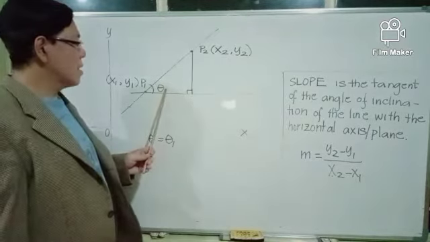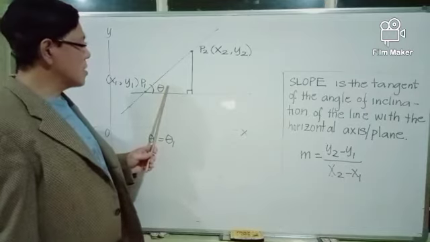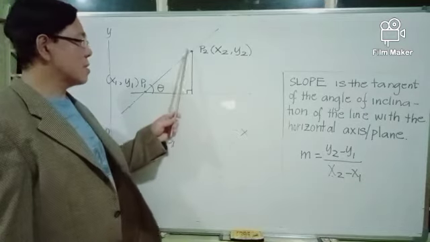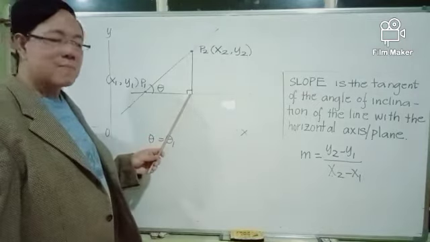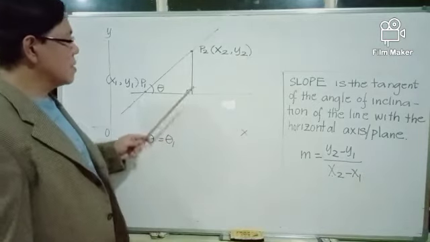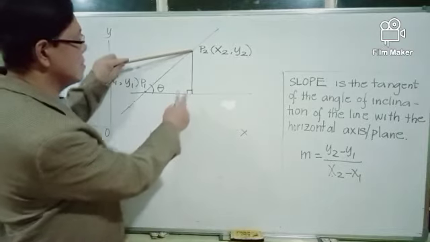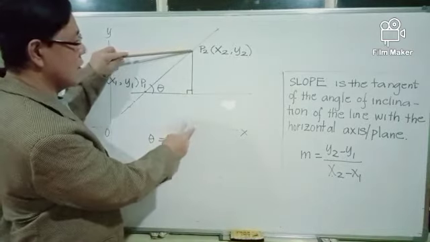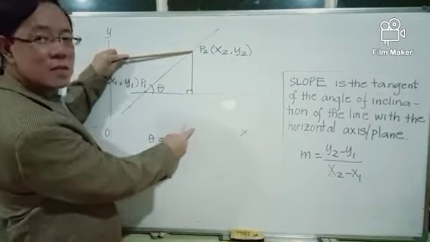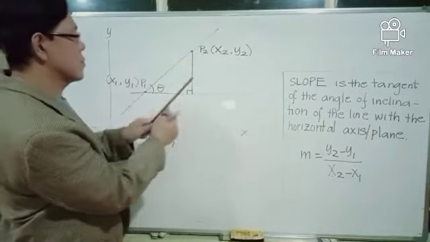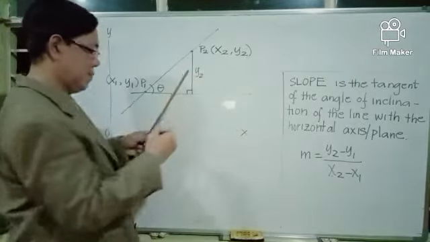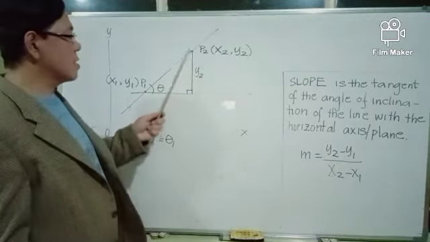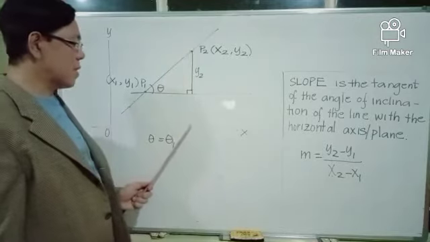And with respect to this acute angle theta, the side opposite this acute angle theta is this side. And we find the length of this side. The length of this side is equal to this side, which is y2. y2 is the distance of point P2 from the x-axis.